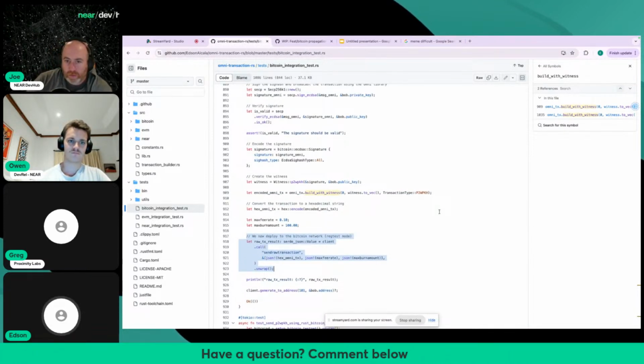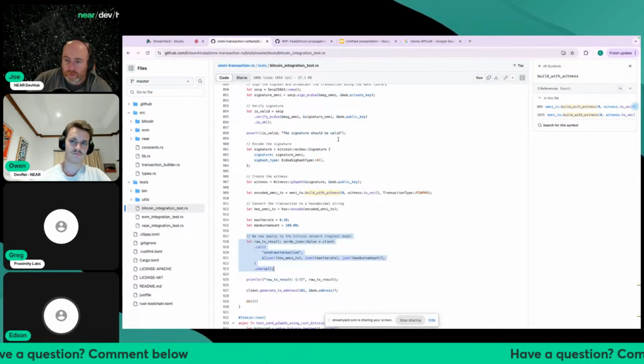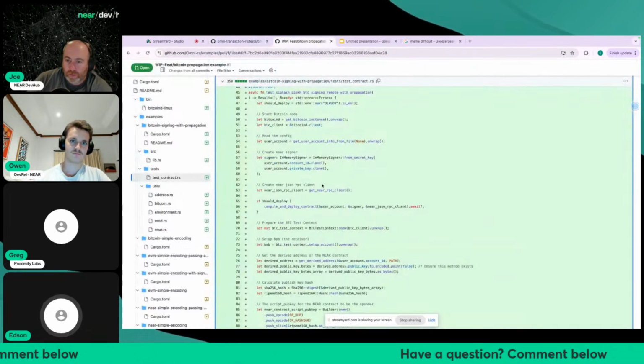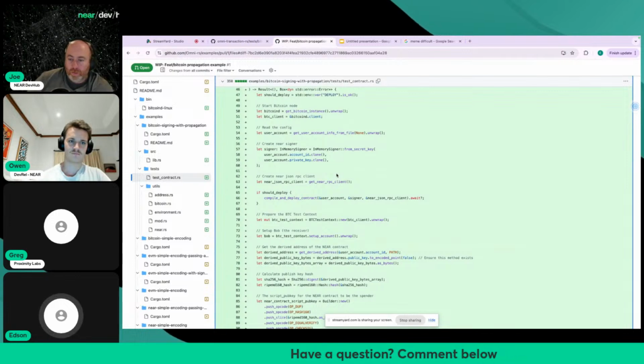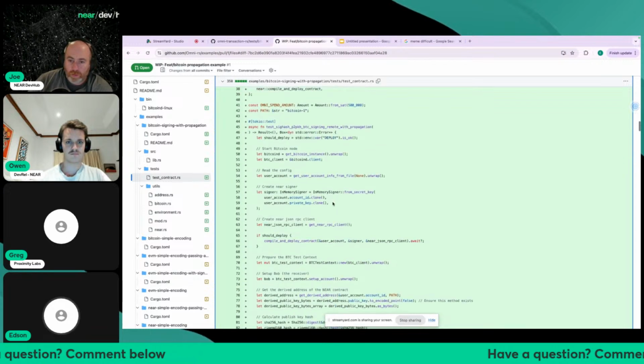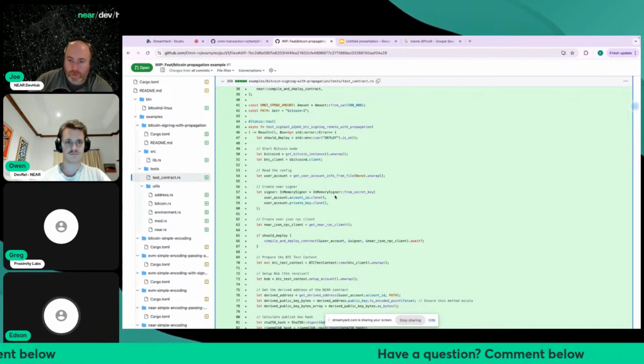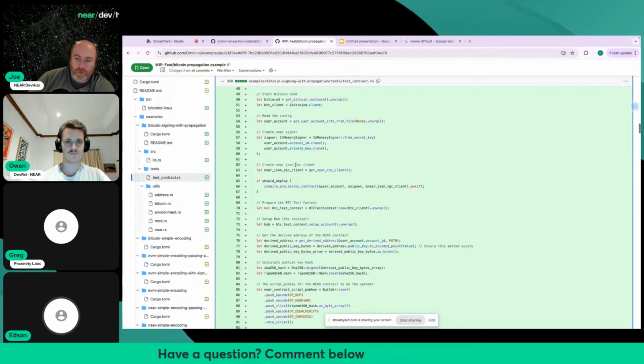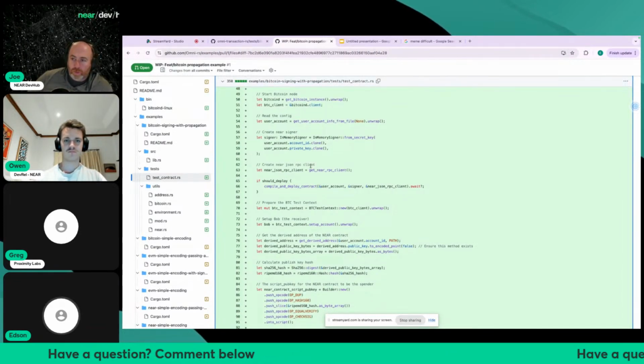That's pretty much the process that we are currently following. You are going to find the same similarity in this example, but this example is more elaborated, and this is another decision that we took for this example. We are using the NEAR JSON RPC client.